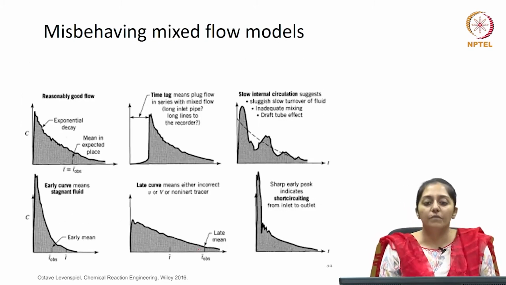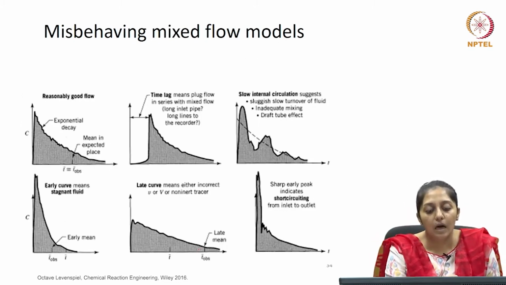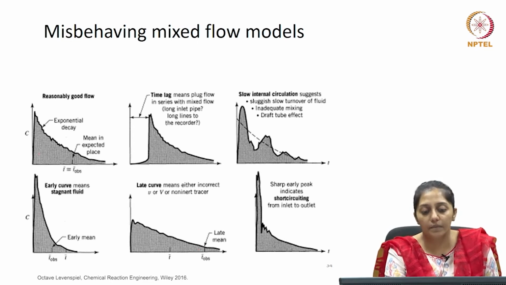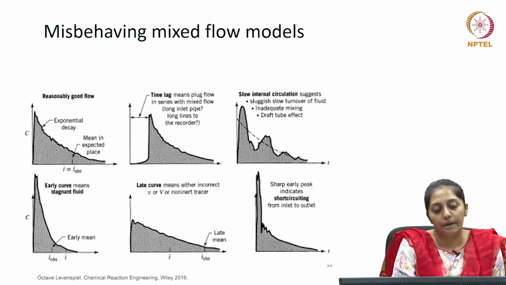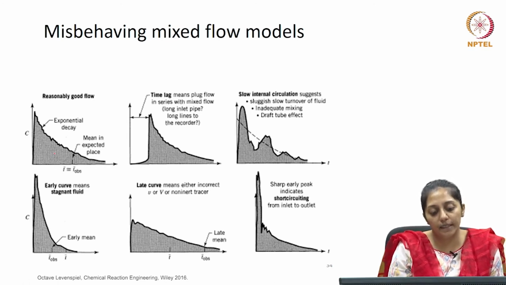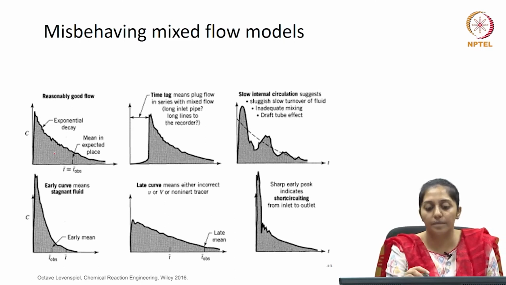Similarly, for mixed flow models, how to find deviation from ideality. Now, for an ideal or reasonably good flow in a mixed flow model for a pulse input, the concentration of the tracer will show an exponential decay, and your mean residence time observed would be equal to the theoretical residence time of the reactor.